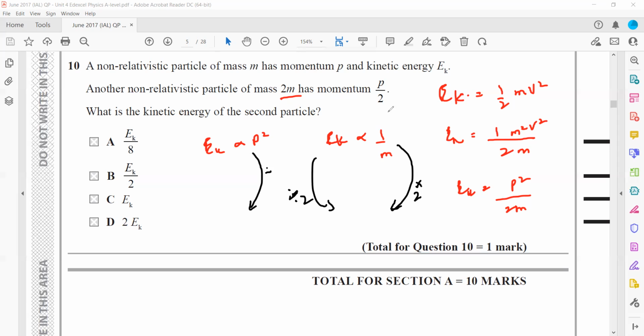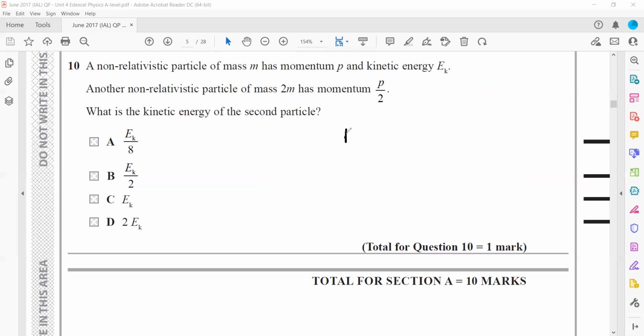The kinetic energy of the second particle: the first is p square by 2m, and this is p by 2 square by 2 into, and this one is 2m.